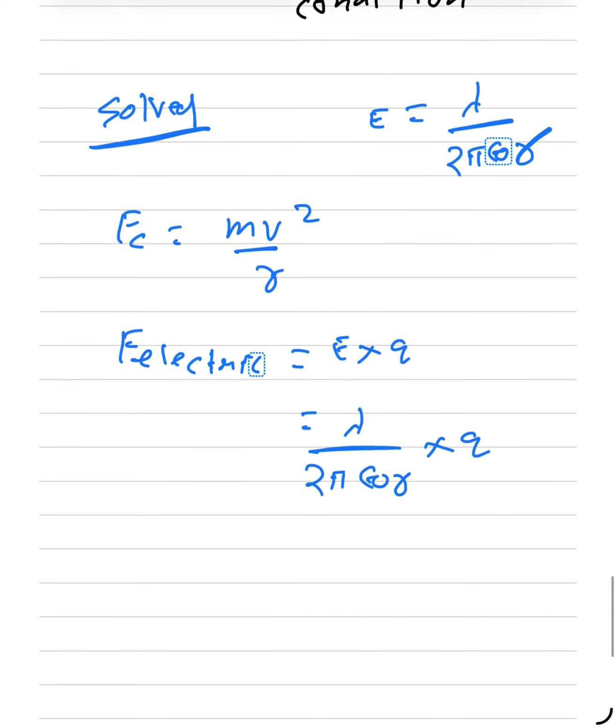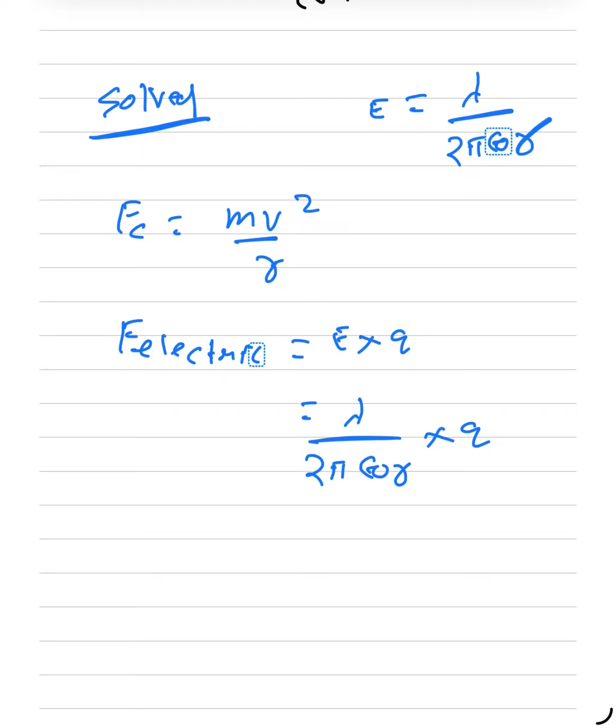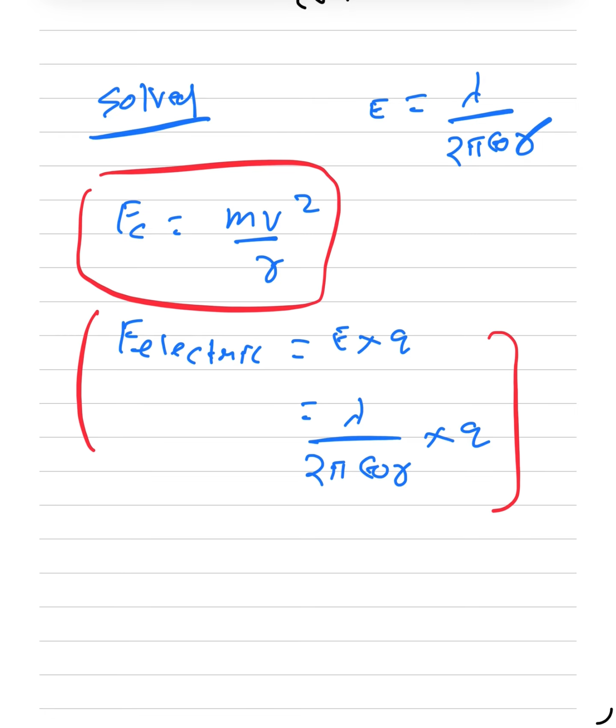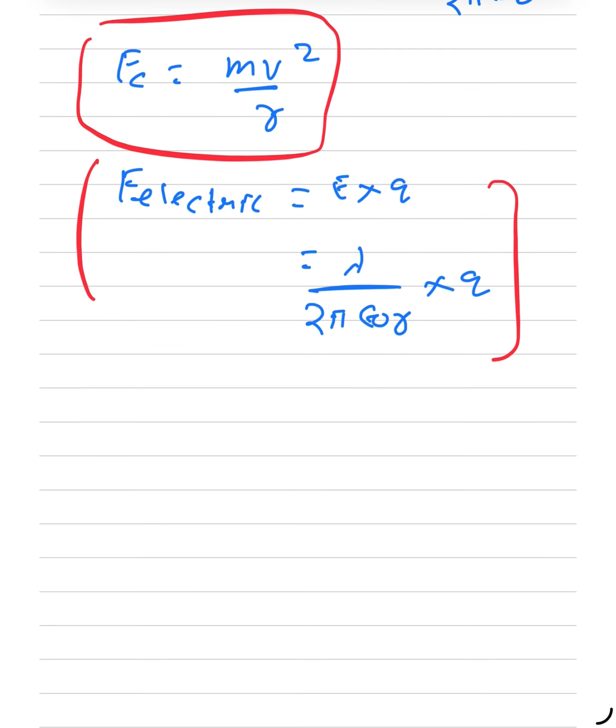Q means the charge of the alpha particle, and both forces are equal to each other. This is the centrifugal force and this is the electrical force.